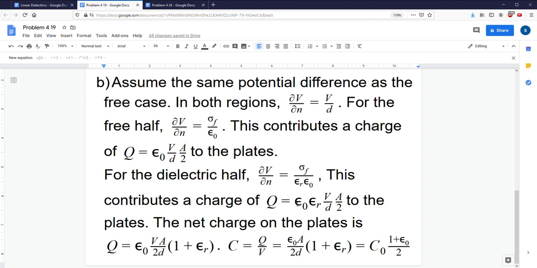To find the net charge, add these two together. Again, they are very similar, differing only in that this one has epsilon R. Put them together, and this is the total charge.